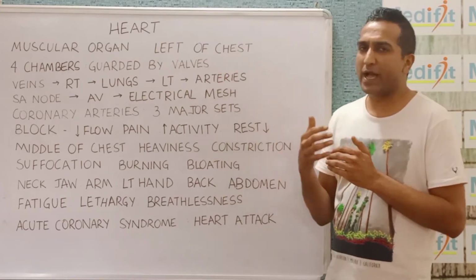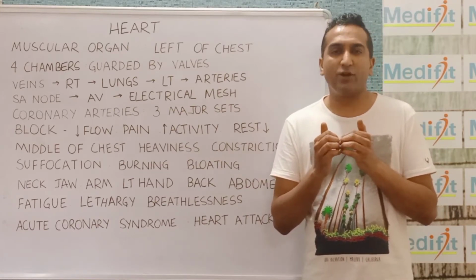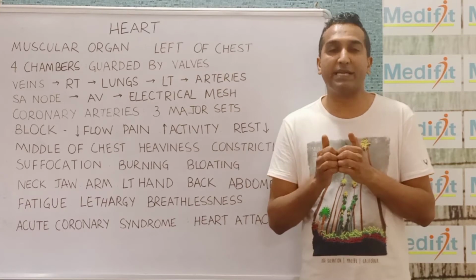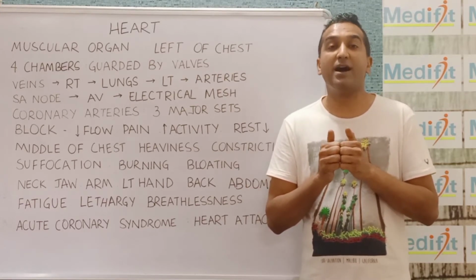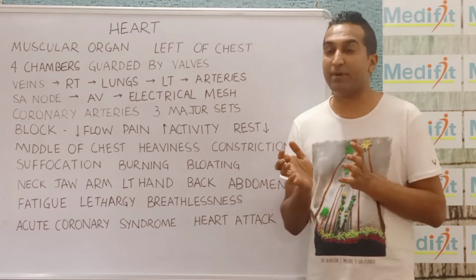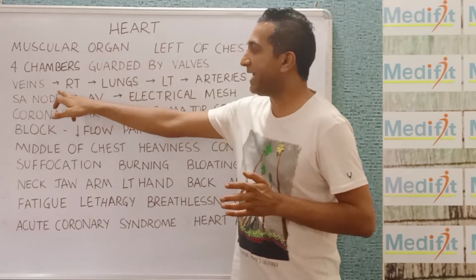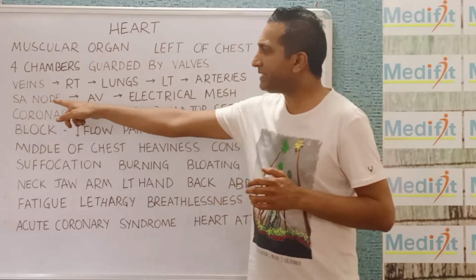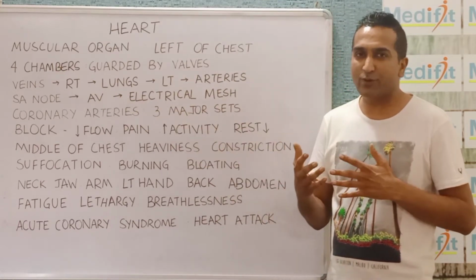For this function to happen, the heart needs to beat continuously, contract synchronously, rhythmically to be an effective pump. How does it happen? Because the heart has its own power supply and power connections. The pacemaker or the power station can be called the SA node, which sends down electrical signals to the AV node, which can be considered as a transformer of the heart.